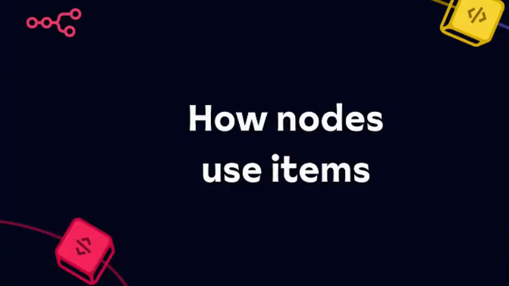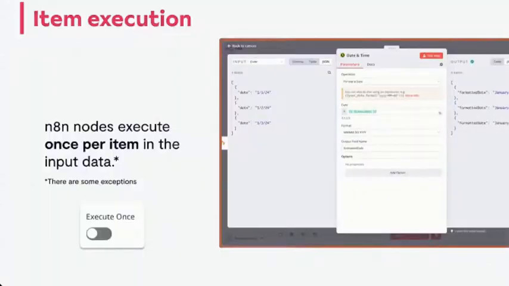So now let's look into how nodes actually use these items when we're going to be executing them and building workflows. Each node executes once per item in the input data. There are some exceptions that we will be covering in the advanced course, but in general, you can remember that each node executes once per item.